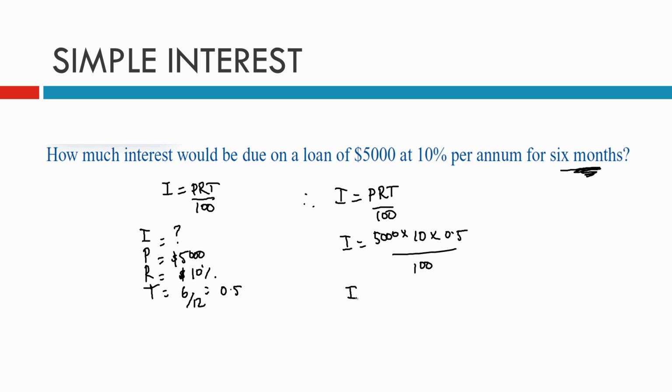You can just plug it into the calculator and you'll end up with $250. So if you borrowed $5,000 at 10% per annum for 6 months, you're going to owe in interest only $250. So this is what will be due on the loan for borrowing that amount for 6 months or half a year.